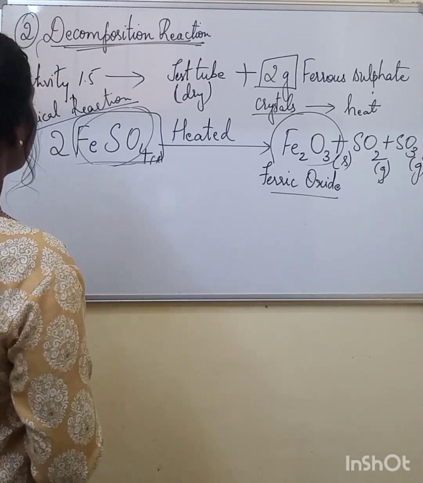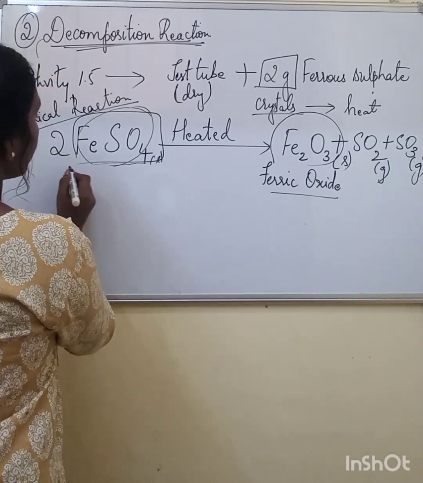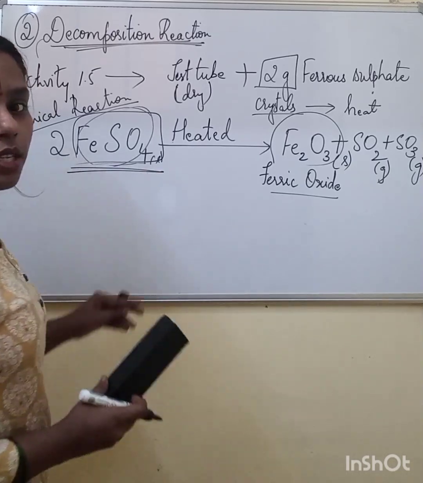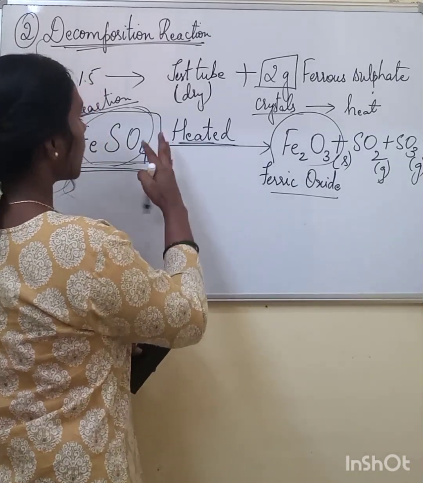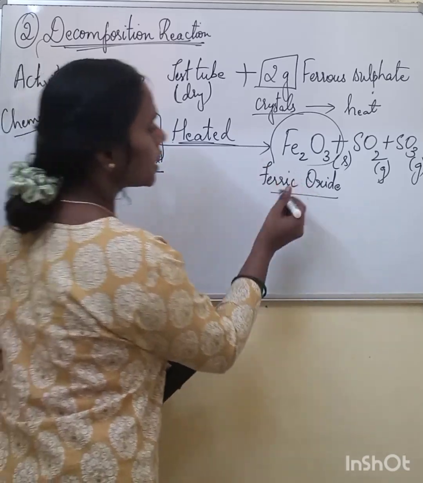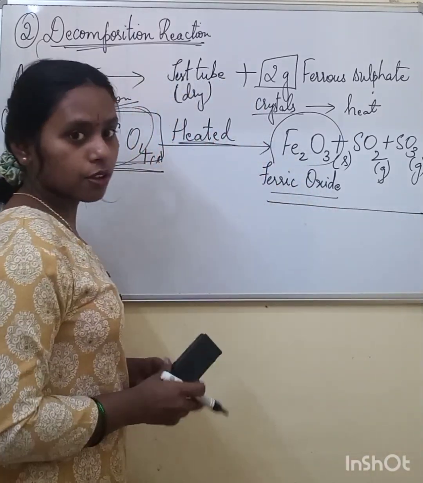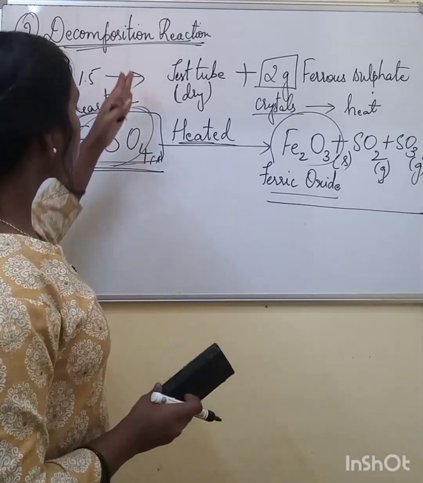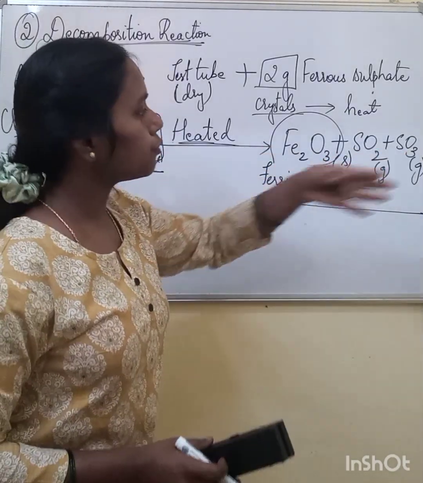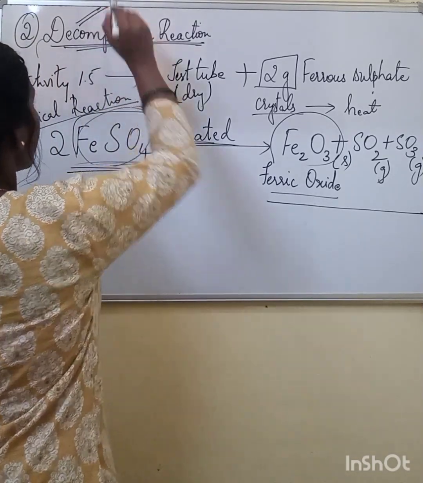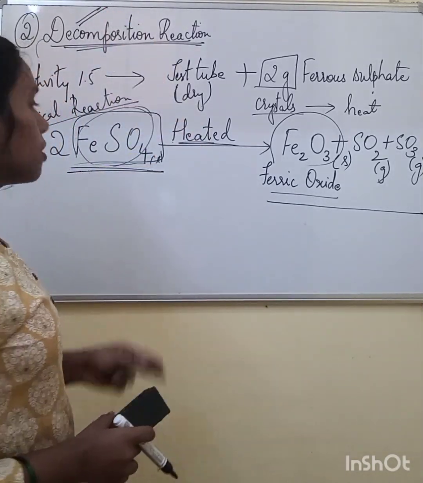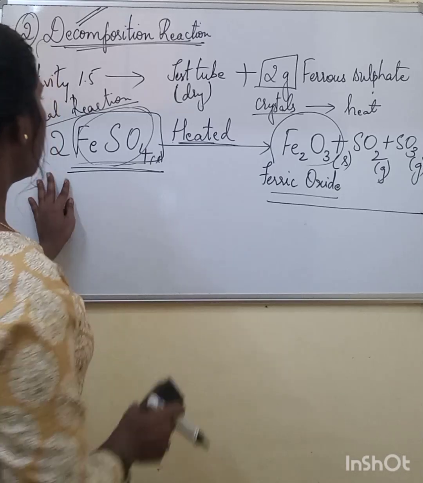So now we can see here that FeSO4, which is one reactant, on heating there is a chemical reaction taking place and it is giving us 3 different products. So one reactant which is broken down to give 3 different or 2 or more products, that type of reaction is called as decomposition reaction. So this was one example.